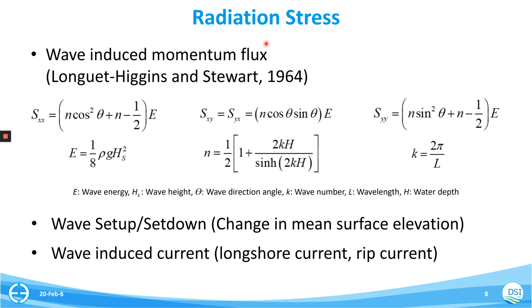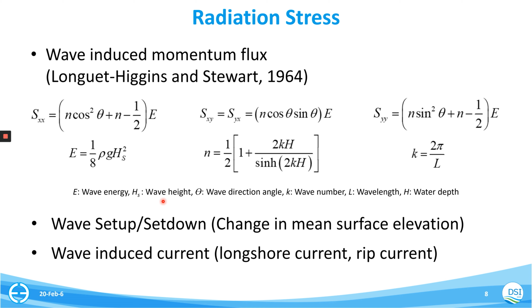It was first published by Longuet-Higgins in 1964. What is important about radiation stress is that as the wave travels through a mild slope bathymetry, the wave setup and set down can be significant. The mean water surface, the mean sea level, can decrease when the wave reaches its breaking point.